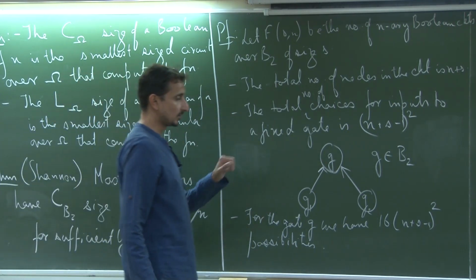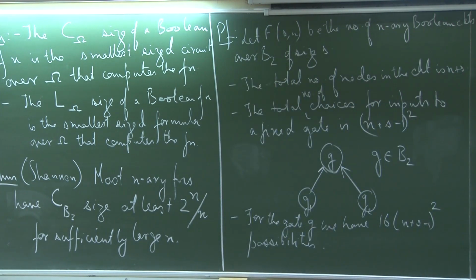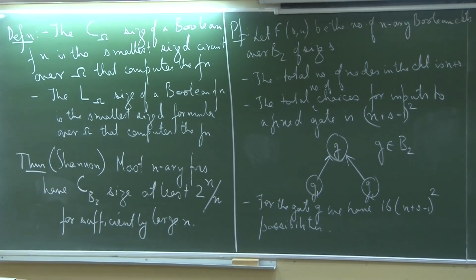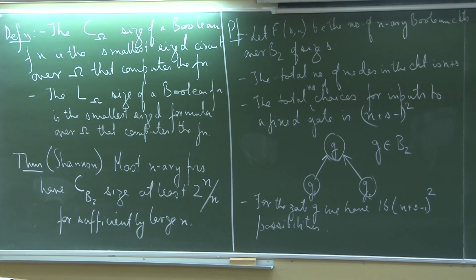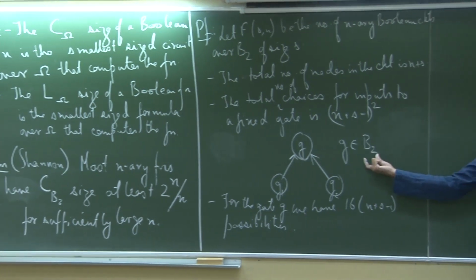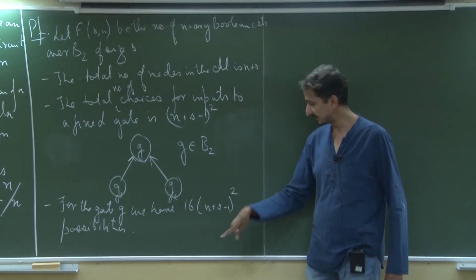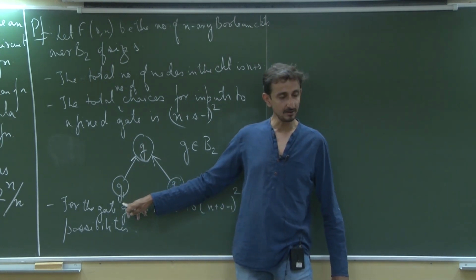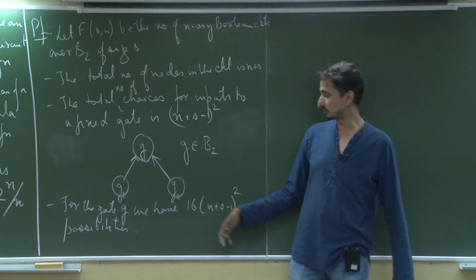This is for a single gate. G can be any of the 16 gates that are present in B2. So, there are 16 choices for G, n plus s minus 1 choices for G1 and n plus s minus 1 choices for G2.